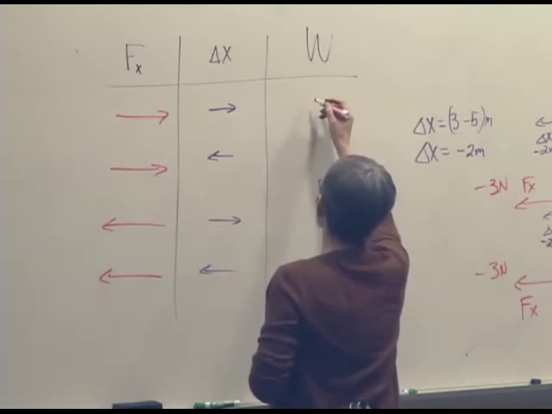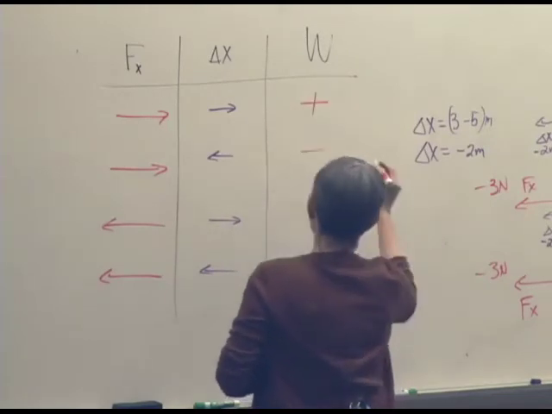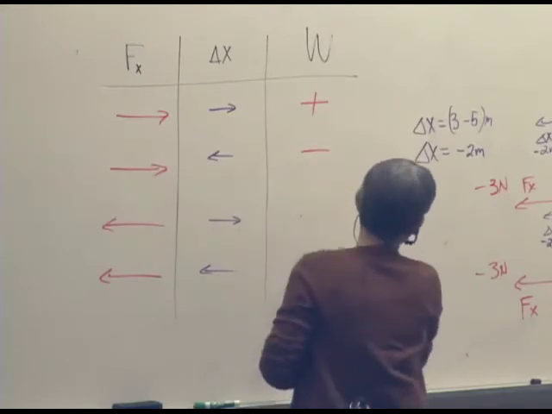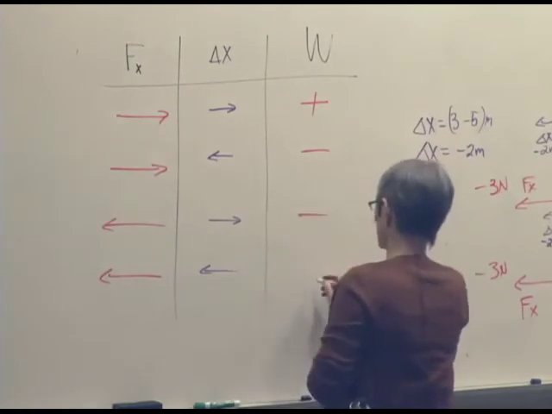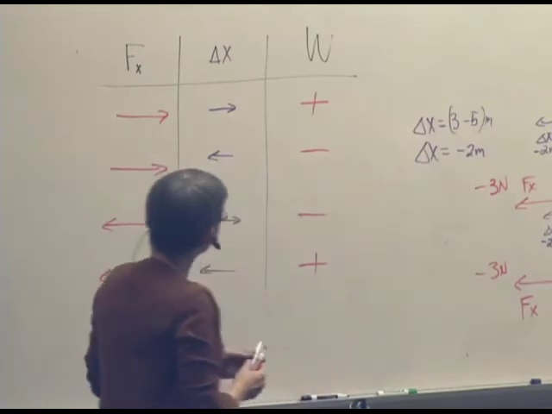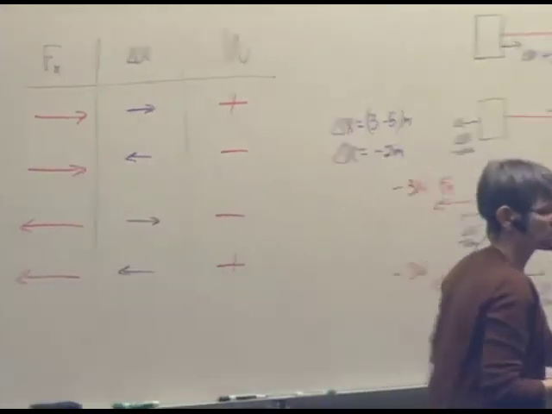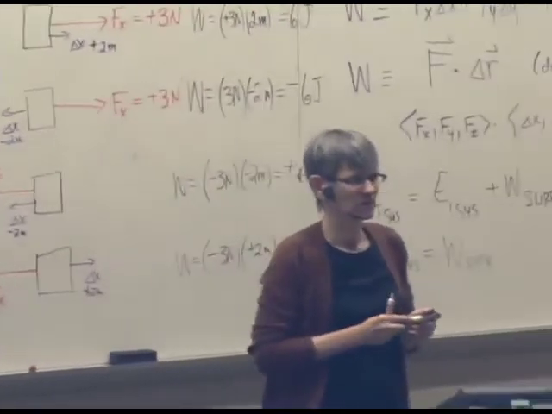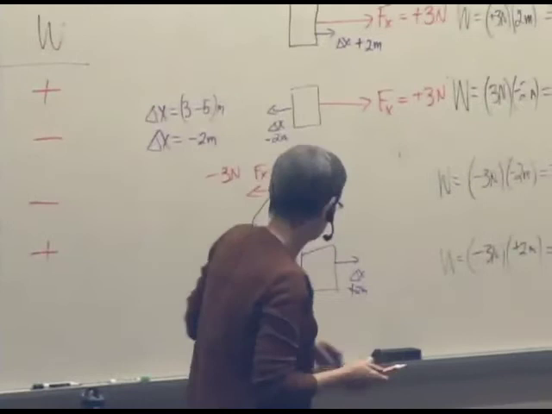And we came out with positive here, negative here. That's negative and that's positive. So what determines the sign? Is it the direction of the force? No. Is it the direction of the displacement?